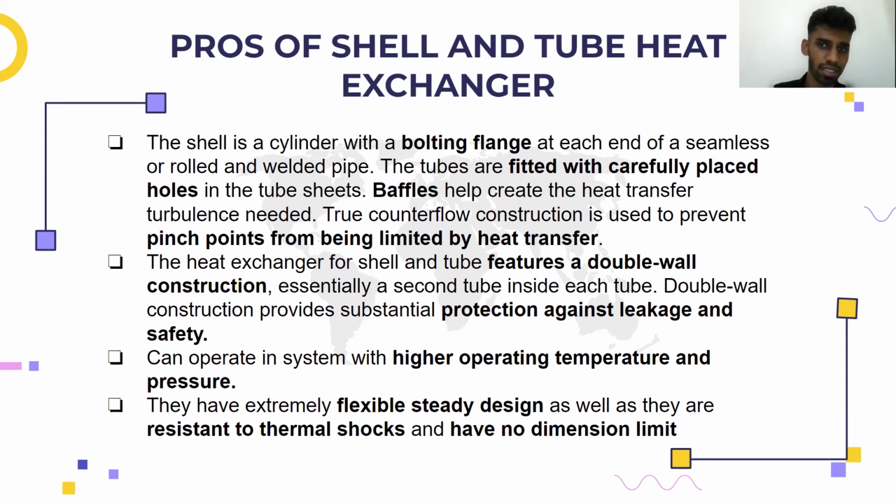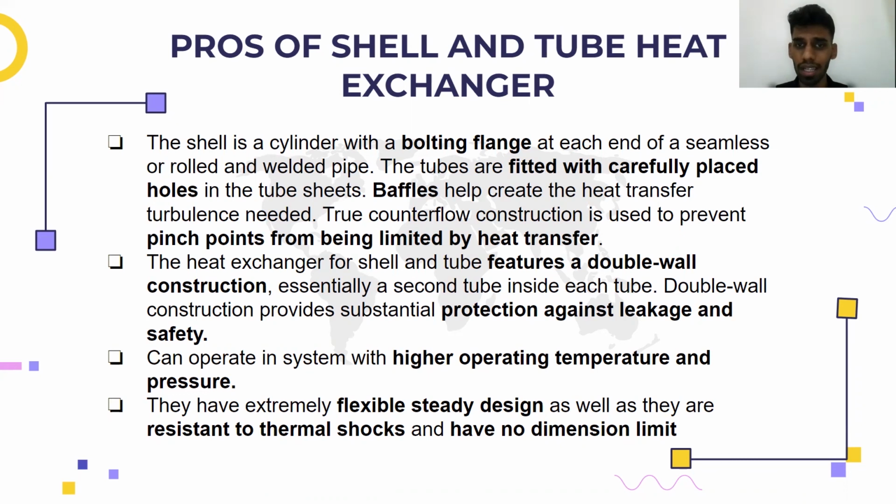For shell and tube, it features a double wall construction, with a second tube inside each tube. The double wall construction provides substantial protection against leakage and safety for our heat exchanger.